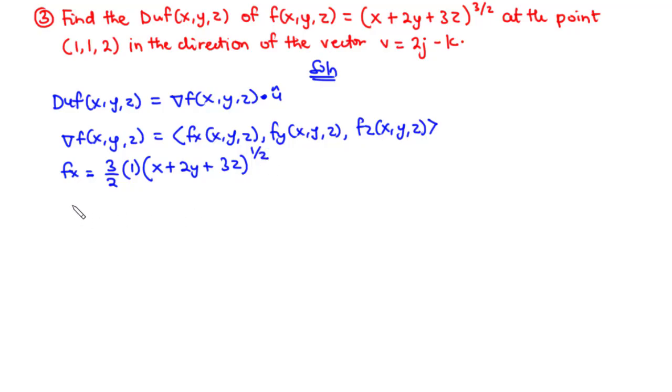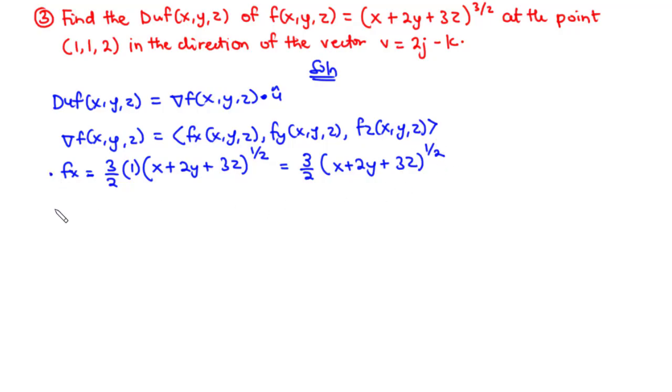So finally, we have fx equal to 3 over 2 times (x plus 2y plus 3z), all exponent 1 over 2. Now you can represent the expression in the bracket as the square root of the expression you have. But for now, let's just leave it like this.